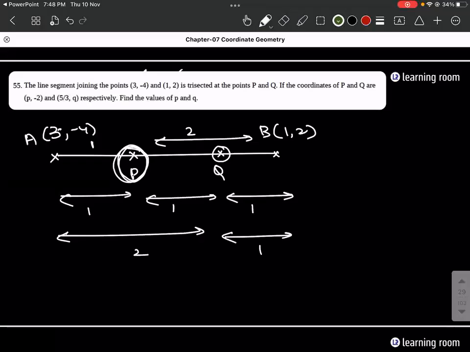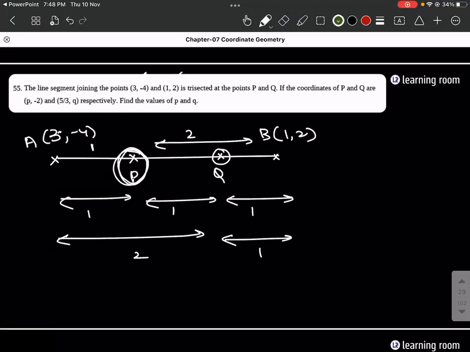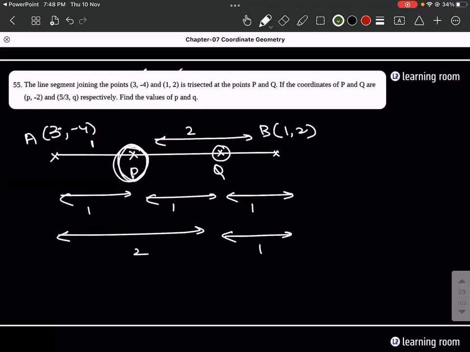I got p is 7 by 3. Correct. I'm still calculating q. Right. p is 7 by 3, correct.